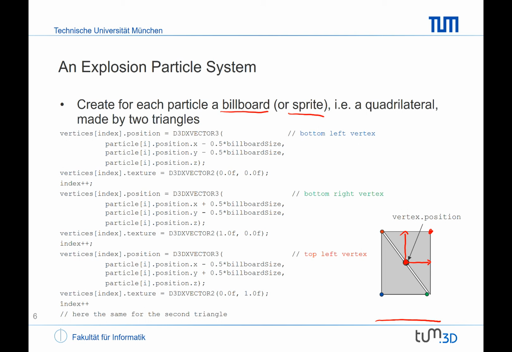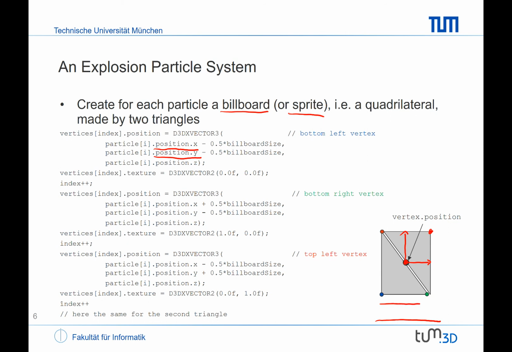and with these corner points I then create two triangles which make up the quadrilateral. And how this can be done is seen here. So what we do is exactly what I have drawn here. We perturb the x and y coordinates of the particle position. We move from the x and y with a step of 0.5 times the billboard size.